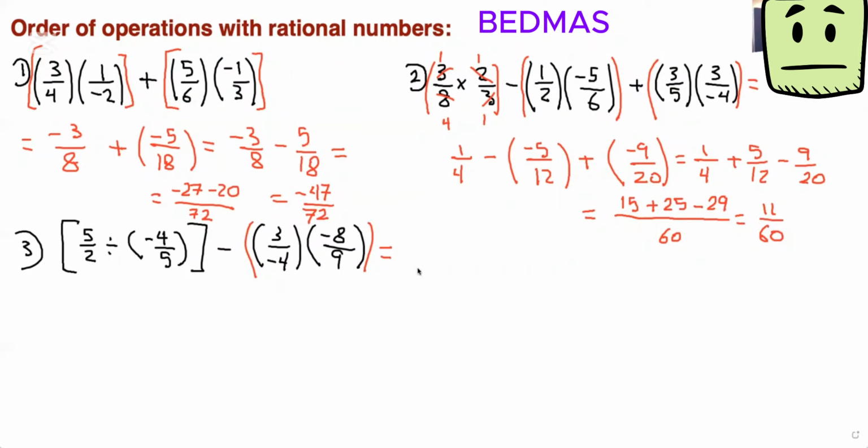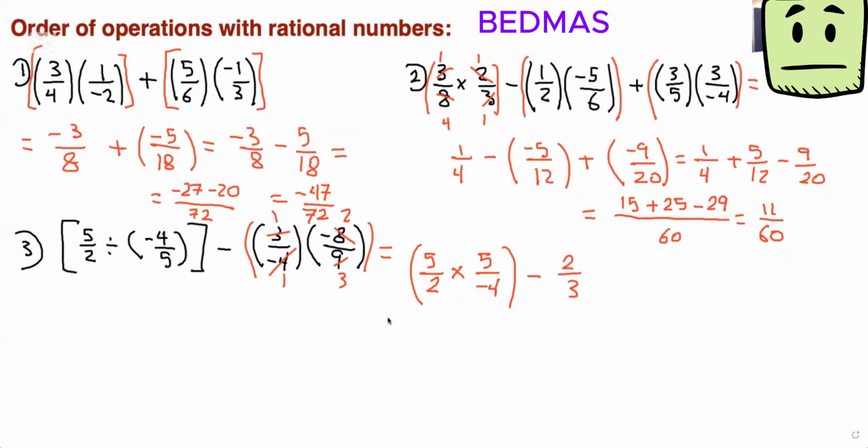So if I look at this, I have to rewrite this as 5/2 times, change division to multiplication, you flip, and it's going to be 5/-4 minus, I'm going to reduce here. So 4 goes into itself once, it goes into 8 twice. 3 goes into itself once, it goes into 9 3 times. That's negative and negative. When you multiply them, they become positive. So basically you have minus 2/3.